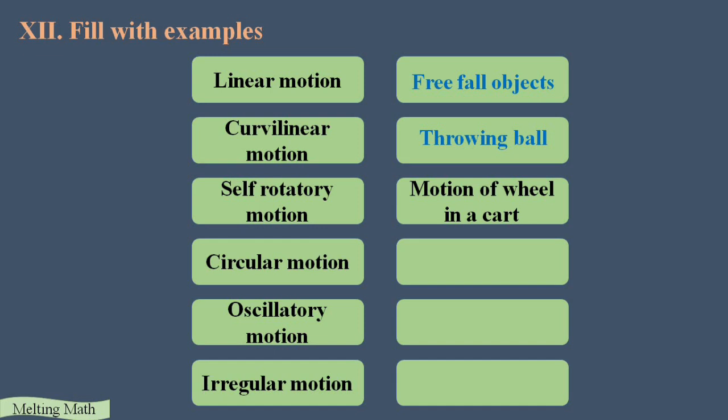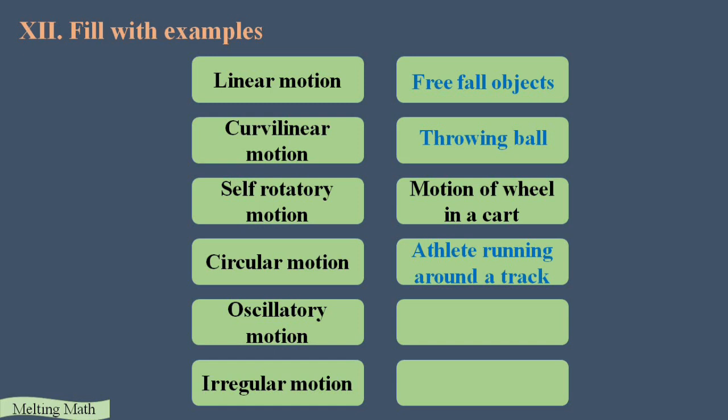Next, self-rotatory motion, they gave the answer for it: the motion of a wheel in a cart. Next, circular motion. An athlete running around a track is a good example.